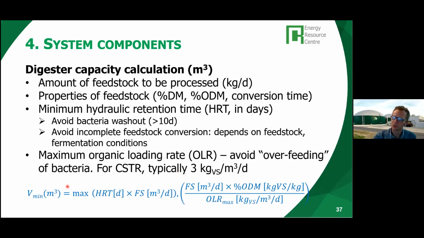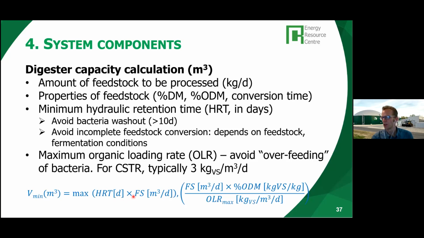So it means if you want to look at the minimum volume of digester, you'll be looking on the one hand at the minimum hydraulic retention time multiplied by the feed rate.